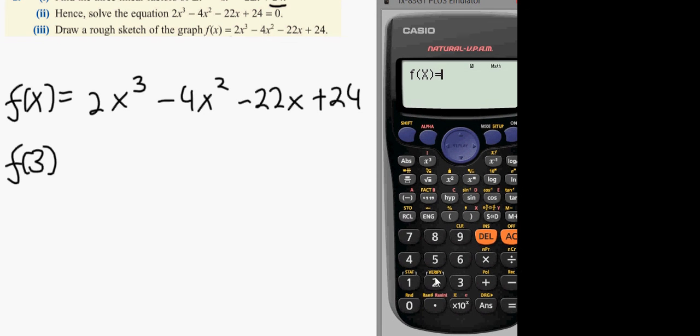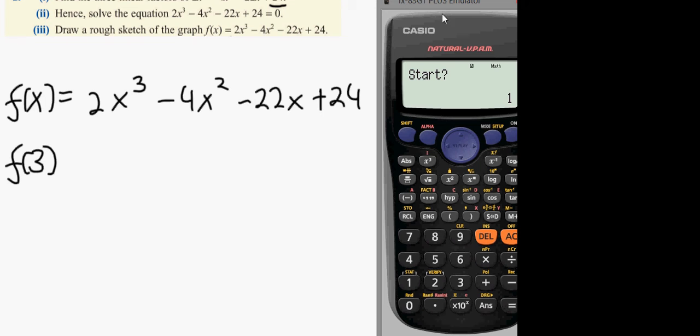Okay, so it's going to be 2x cubed minus 4x squared minus 22x plus 24. Okay, let it equal to 0.